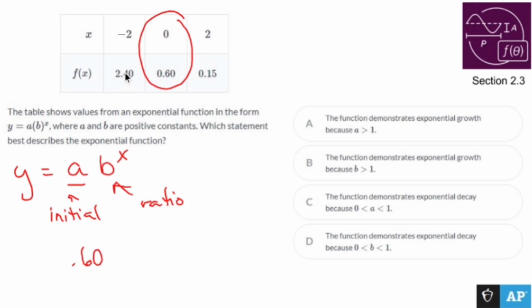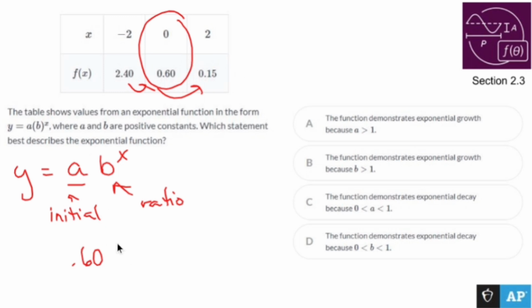It looks like every single time to get from one number to the next, I'm going to be very careful. I don't just divide by a quarter. I divide by a quarter over an interval of 2, but I don't think that's going to be necessary. What we definitely have is decay.